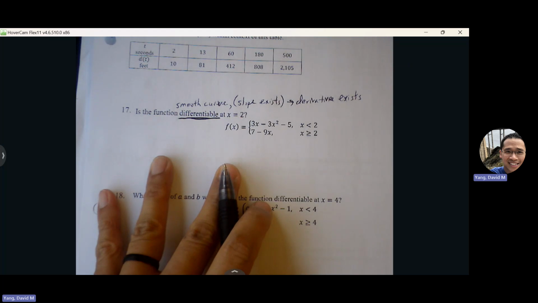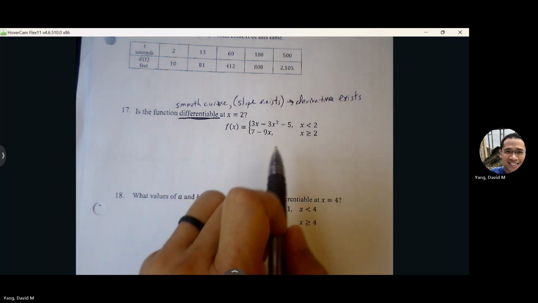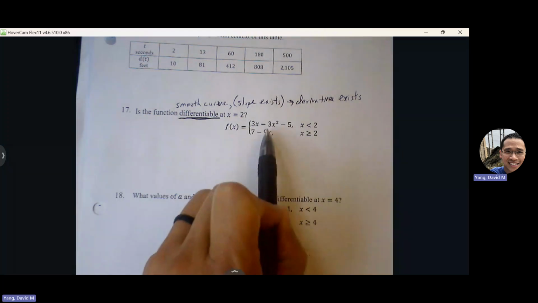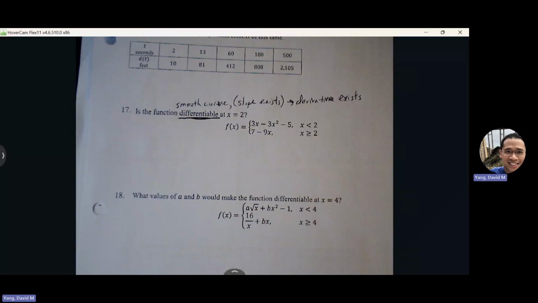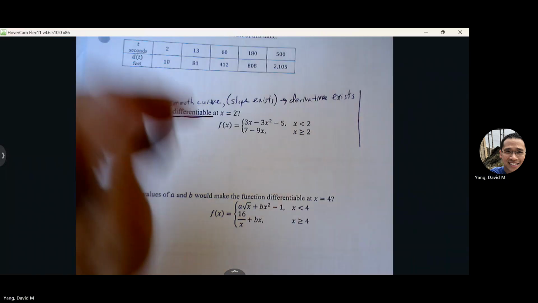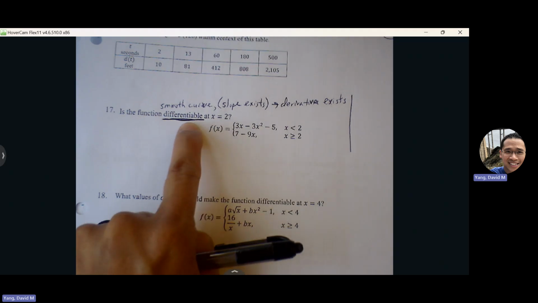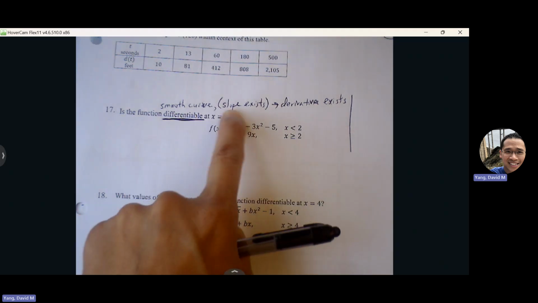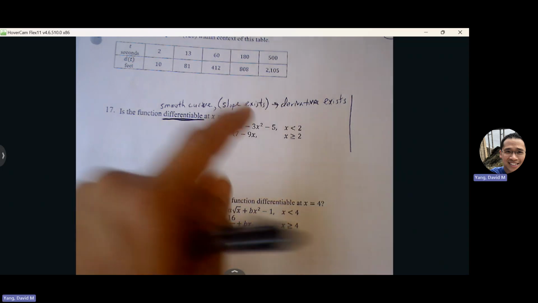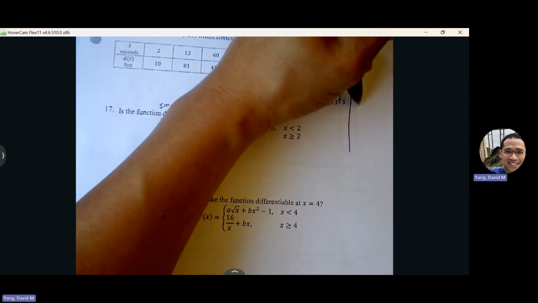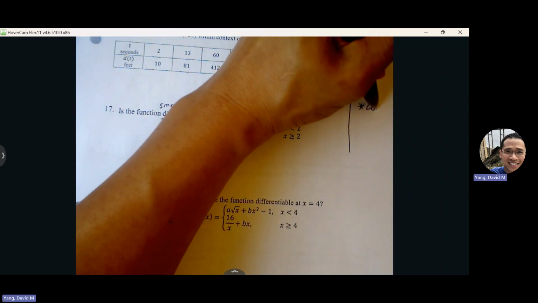Right? So if my derivative exists, that means at x equals 2, both these piecewise functions must agree. But if it's differentiable, it's also assuming something else has to happen, right? In order for the graph to be smooth, my graph also has to be continuous as well.